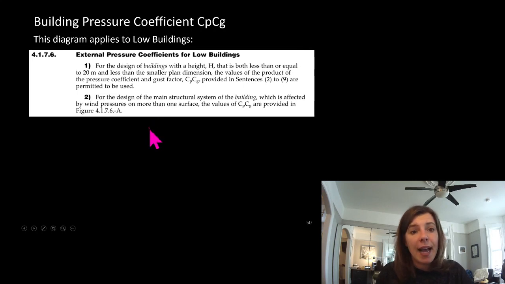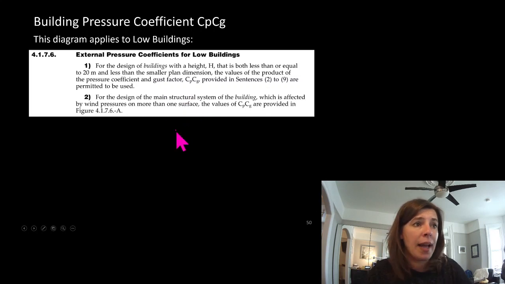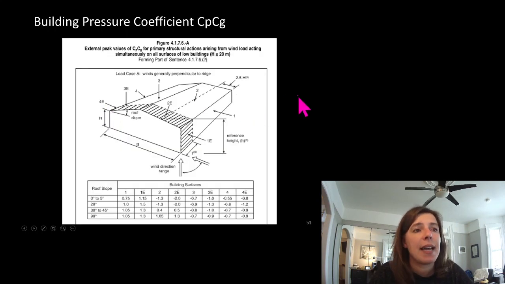So this is the diagram I'm going to show you in the next slide that applies to low buildings. I showed you what makes it meet a low-rise classification. Here is the diagram.